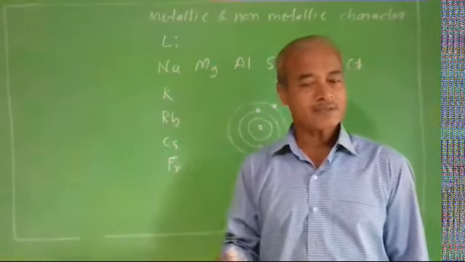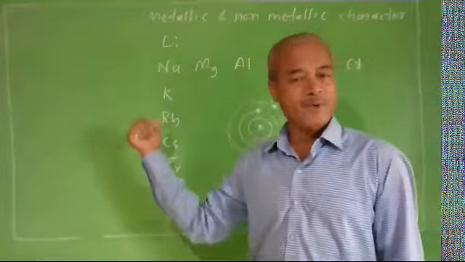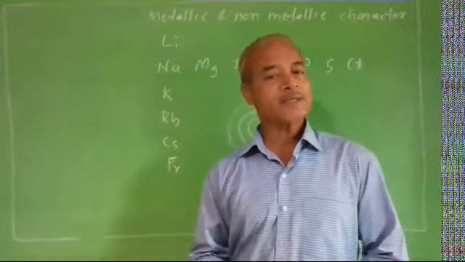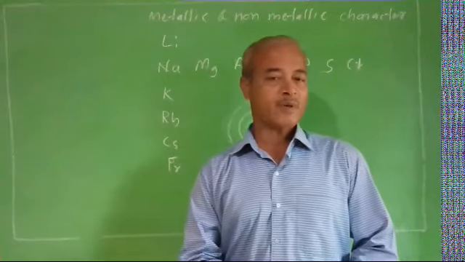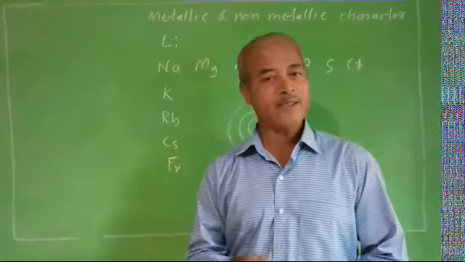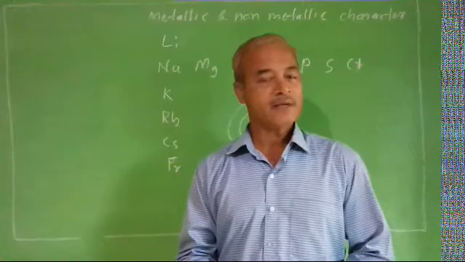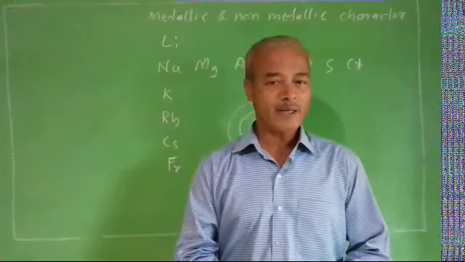This is because as we go from top to bottom, the new cells are successively added. The distance between the center of atom to valence cell, in other words radius of atom, increases.